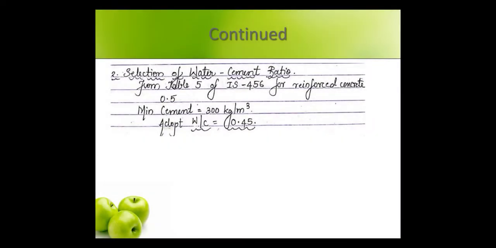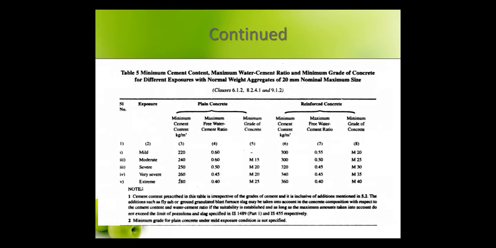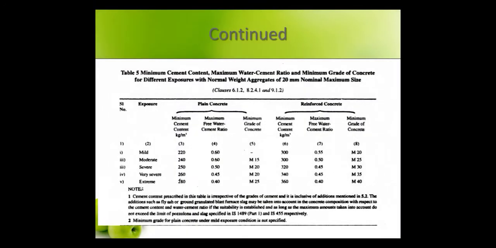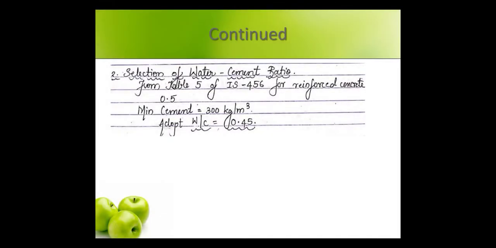We have reinforced concrete, and for moderate condition you have the maximum free water cement ratio, minimum cement content, and minimum grade of concrete also. For moderate, the maximum free water cement ratio is 0.50, so our water cement ratio will be 0.5.